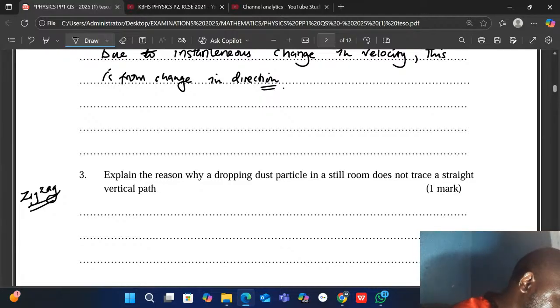And now we are being asked that we explain. So we know that air particles are in continuous random motion.